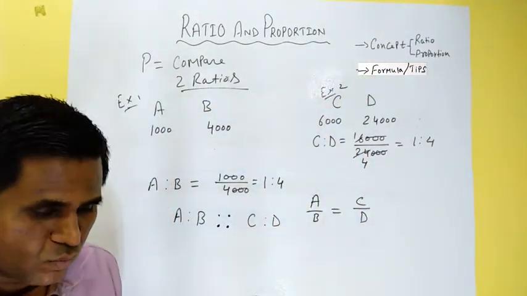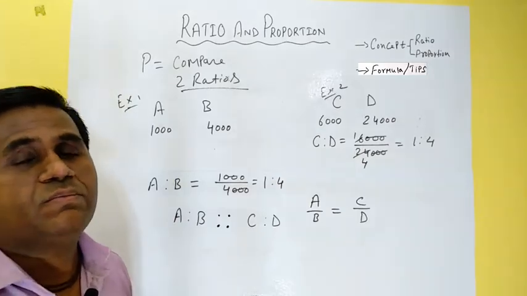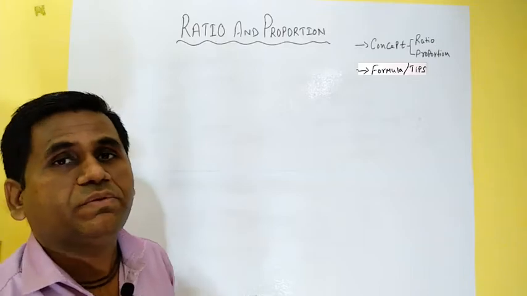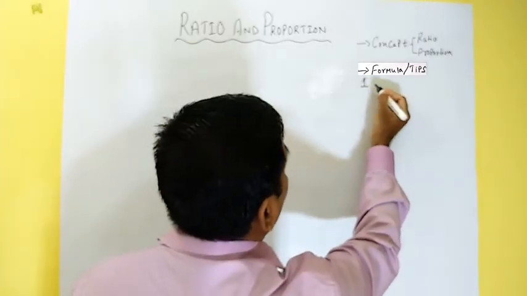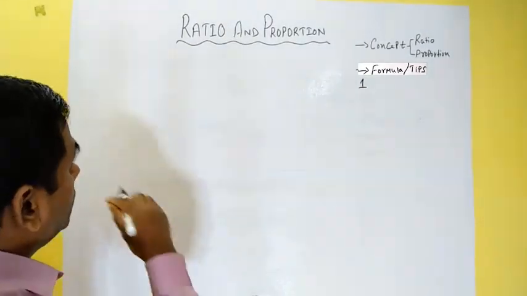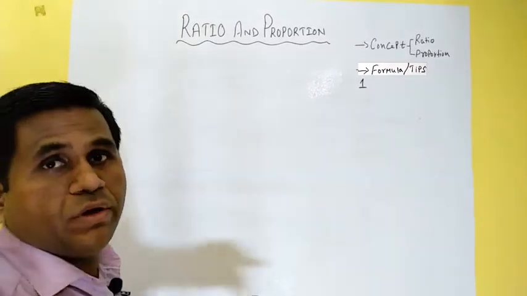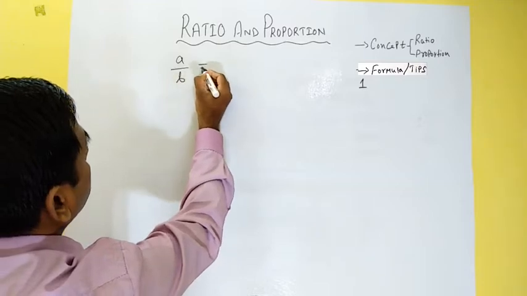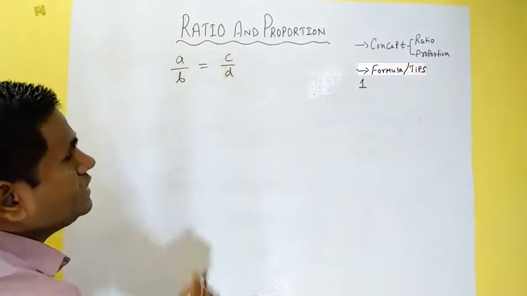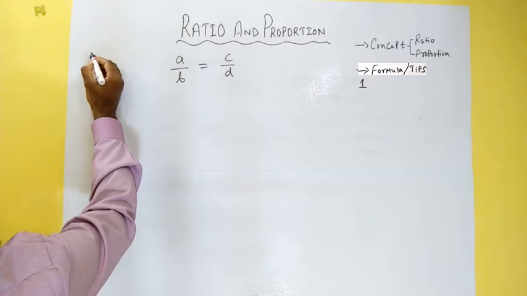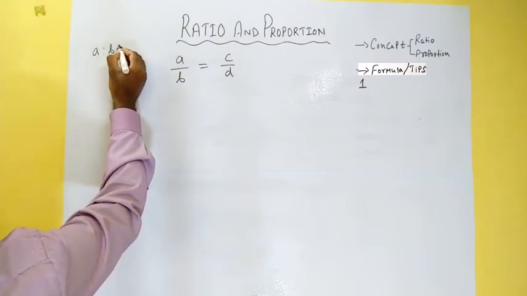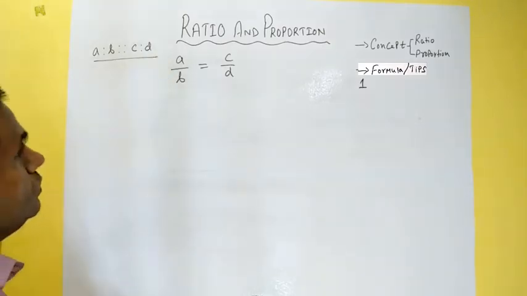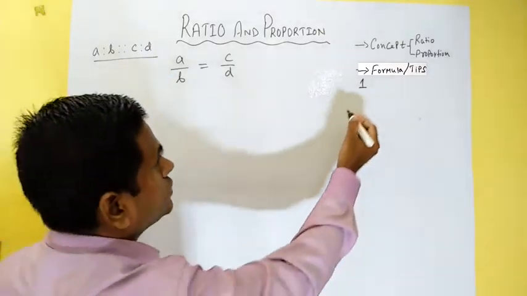Now let us see the formulas which are used to solve the problems in ratio and proportion. So friends, first we will be seeing the first formula. Now we know the two ratios. If they are in proportion, we can write it in the form A upon B is equal to C upon D, and this can also be written as A is to B proportional to C is to D. So how can we derive the first formula?